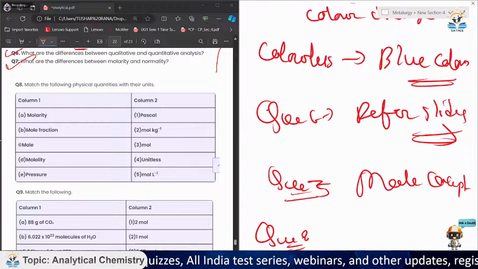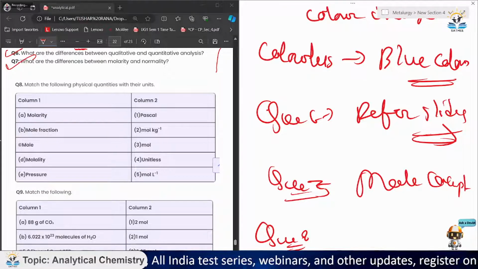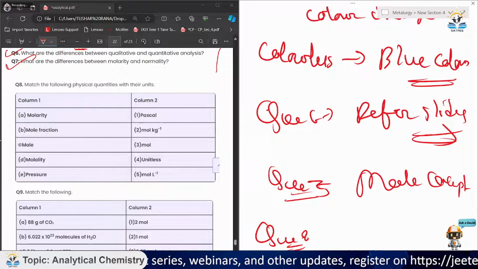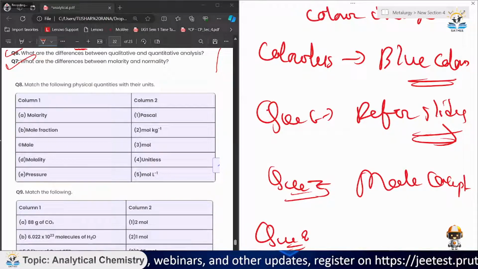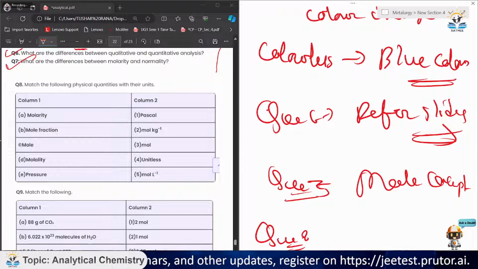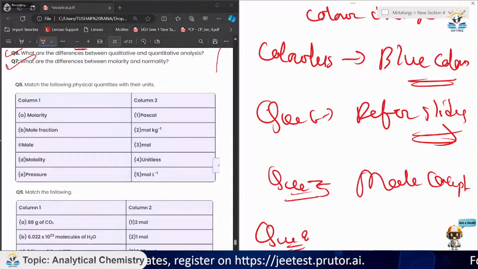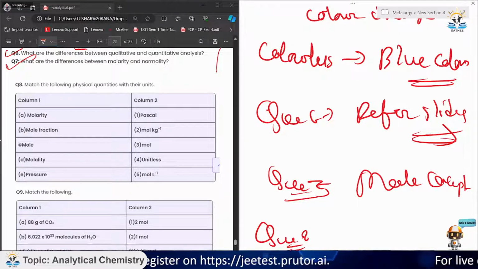If we check the first one, that is molarity. So molarity, mole fraction, mole, molality, pressure. Okay. See, all who have studied the mole concept chapter are very familiar with it, and you are comfortable with this chapter.